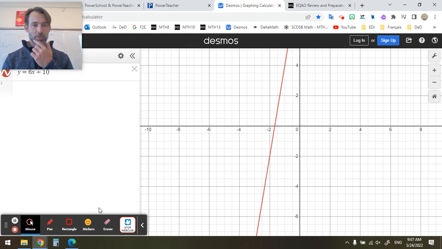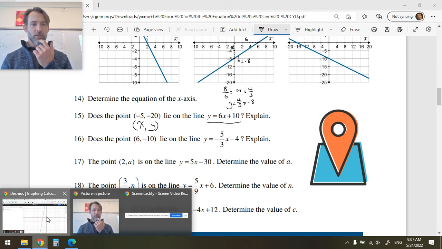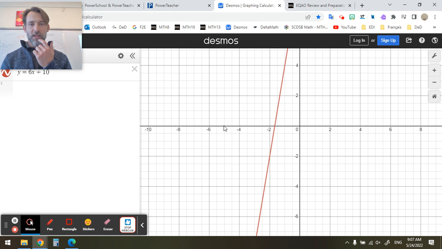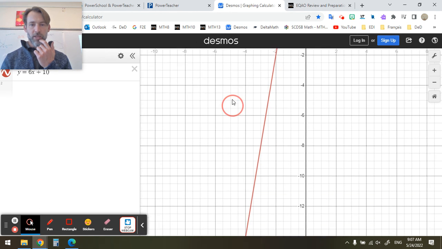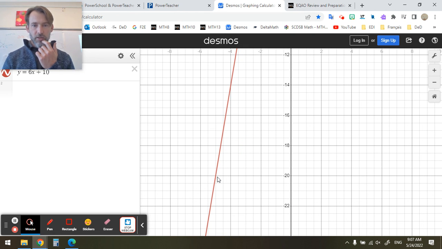And I was asked about this point negative 5, negative 20. So let's go ahead and investigate what's happening at negative 5. And oh, it looks like this line is way down here. Let's see where it is. Oh, would you look at that? There's the point negative 5, negative 20. Happens to be on this line.